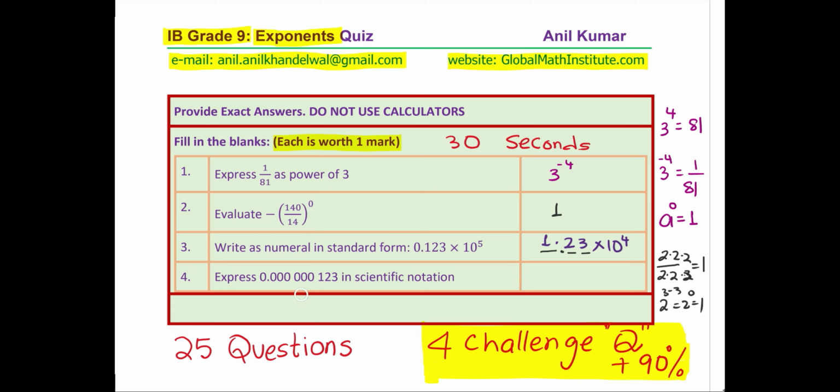Now express in scientific notation, that is the standard scientific notation which we are trying to write. So here also we have to write this as 1.23 into 10 to the power of what? That is what we have to figure out. And that really depends on movement of the decimal.